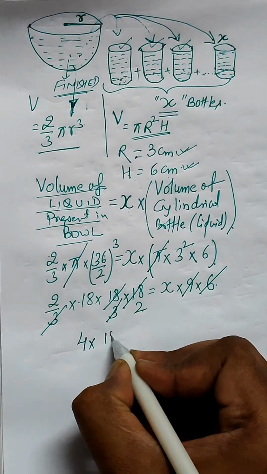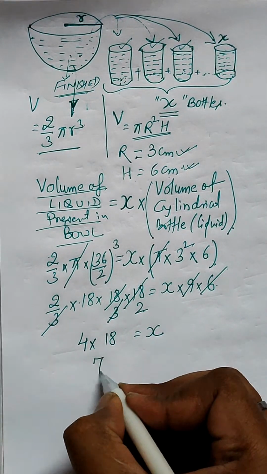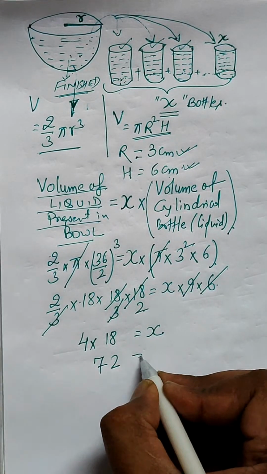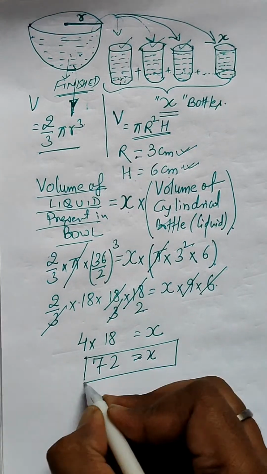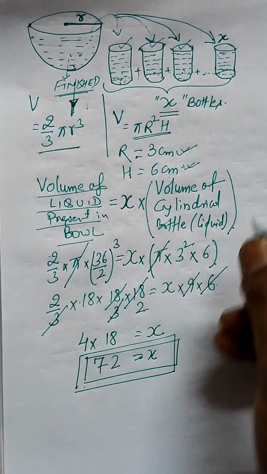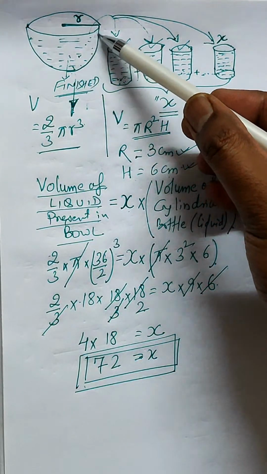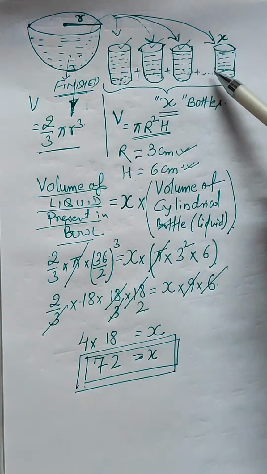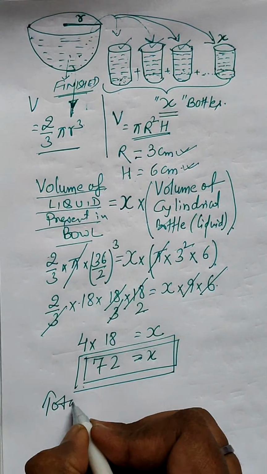So 4 into 18, we are getting 72. 72 is the value of x. So we need such 72 cylindrical bottles so that all the liquid present in this hemispherical ball will be emptied over here, right? So total, I am writing the answer.